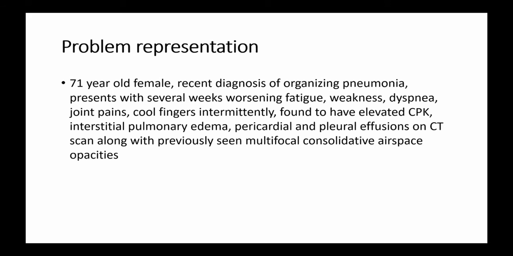On labs, found to have an elevated CPK. On imaging, she had pulmonary edema, pericardial and pleural effusions. And then the previously seen multifocal consolidative airspace opacities were mostly stable, okay? You can make this a little more nuanced if you want to put names on some of these symptoms, but this is a good start.